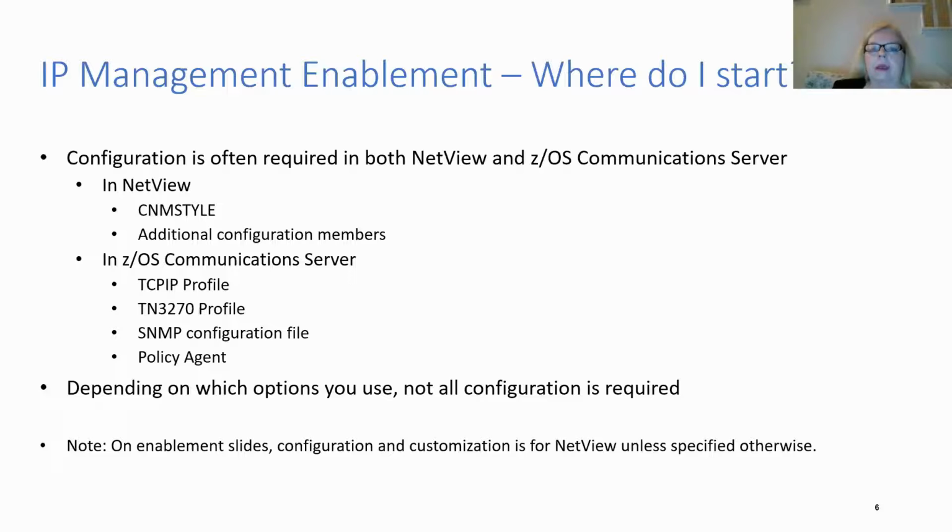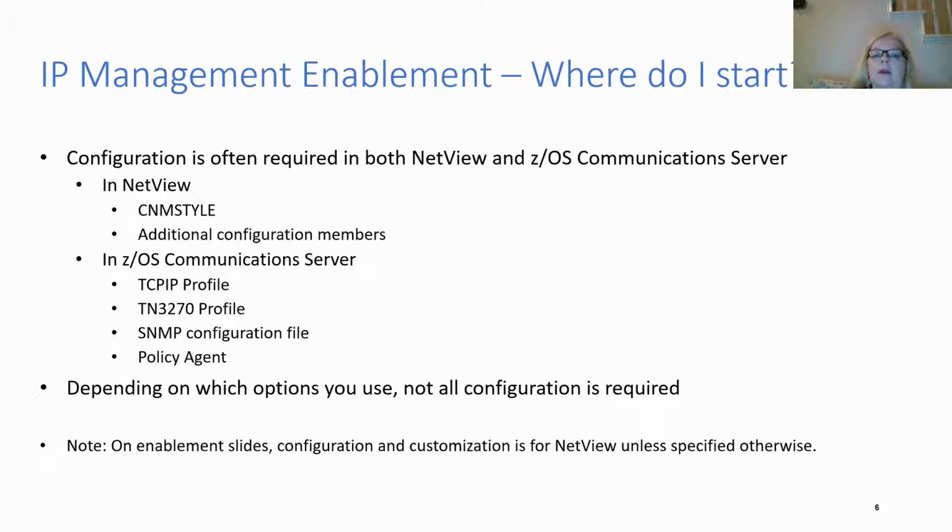So let's jump into some basic enablement. A lot of people say, well, there's a lot there. Where do I start? So a lot of times you need configuration in both Netview and zOS communication server. In Netview, the majority of the configuration is in a CNM style user member. The statements are in CNM style, and if you need to modify them, you copy them to a user member.